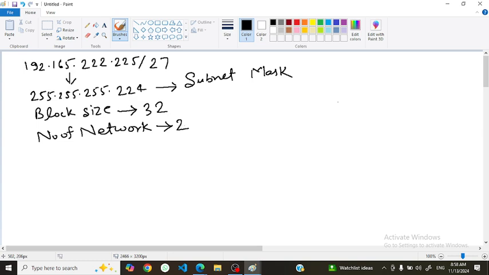It's 2 to the power 3. Ravi Shankar, number of valid hosts per network? 32 minus 2, 30.